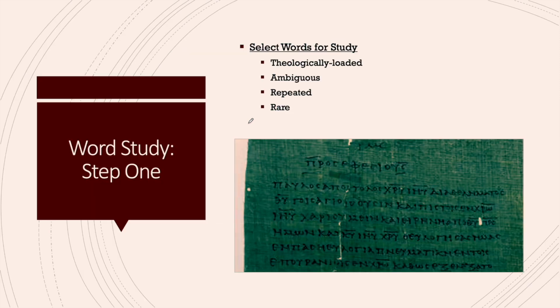So I'm going to take you through the steps of doing a word study, and then I'm going to talk to you about some of the pitfalls that you might run into. So what you want to do is, as you study your Greek text, you look for words that are theologically loaded. For instance, dikaiosune.